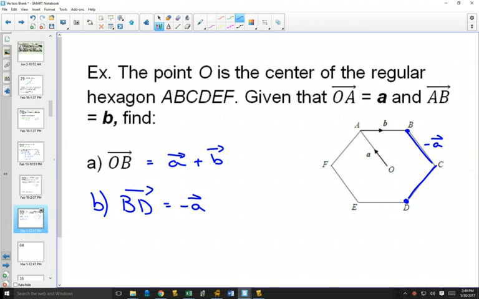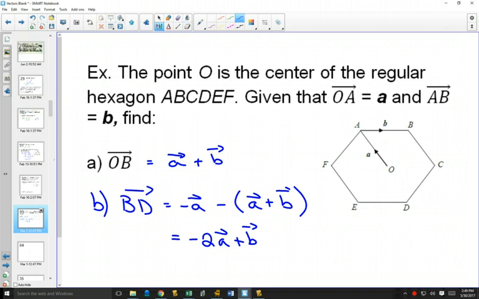And CD is going to be parallel to OB, which we already figured out, but it's going to be in the negative direction of that, minus A plus B. Putting that together, I get negative 2A's plus B. If I think of negative 2A's plus B, and I erase what I have here and say, if I'm starting at B, and I go negative 2A's, that would go once here, once there, and then, oops, I forgot to distribute my negative.